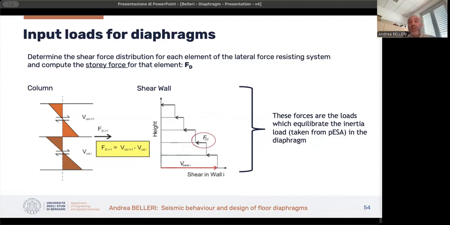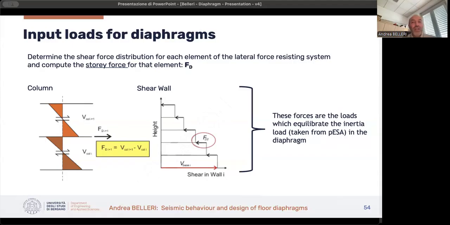If you take the difference between the shear internal action at the story above the floor diaphragm you want to design, and the story below, that difference is the load that is transferred from the diaphragm to this element.